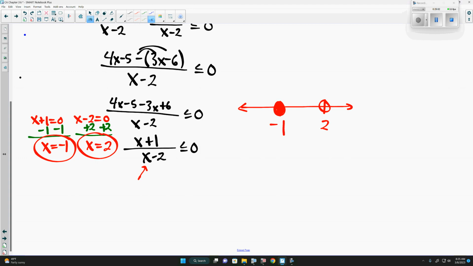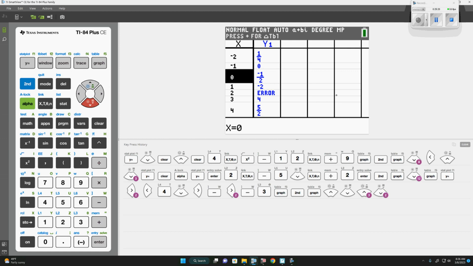Now at this point here, just like we did before, we can pick points to check: 0, -2, 3. And plug those in and see, will -2 give me a value less than 0? Will 0 give me a value less than or equal to 0? Will 3 give me a value less than or equal to 0? If we look on the graphing calculator, at 0, we get -1/2. That is less than or equal to 0. At -2, we get +1/4.